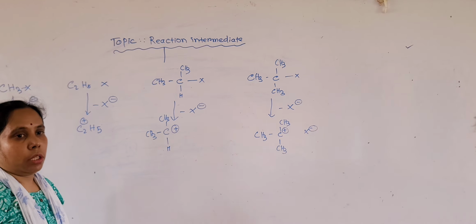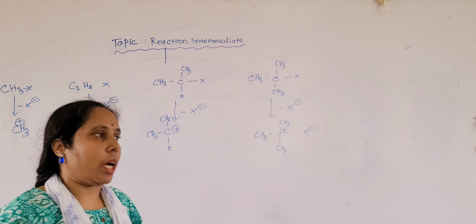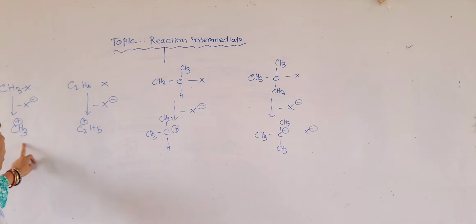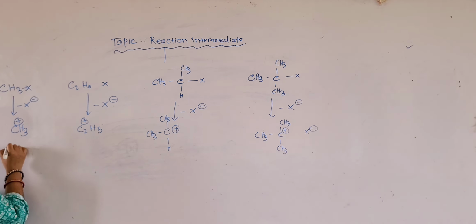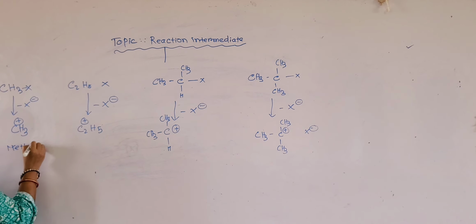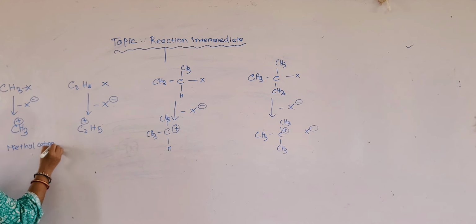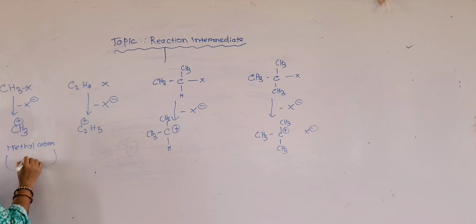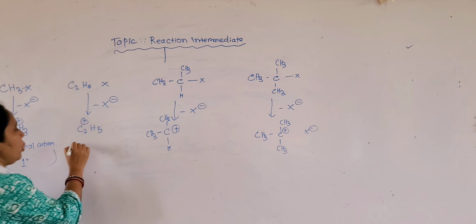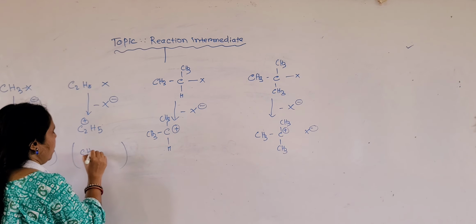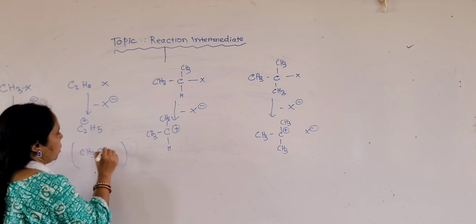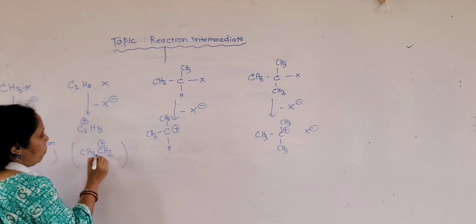Based on the structure, or the number of carbon atoms attached to the alpha carbon atom, we can divide it into 3 parts. First is methyl cation or methyl carbocation. Going to the ethyl one, ethyl means CH3CH2+.